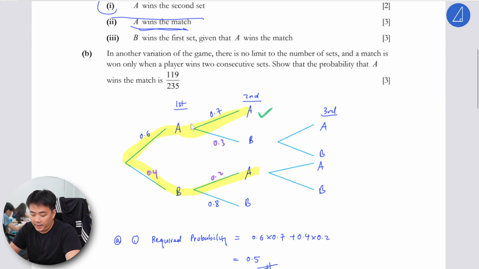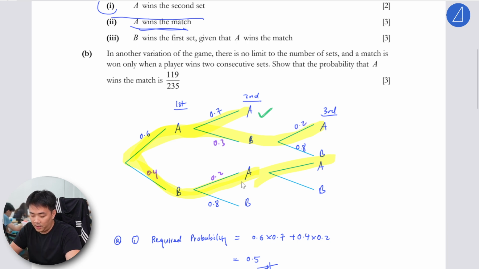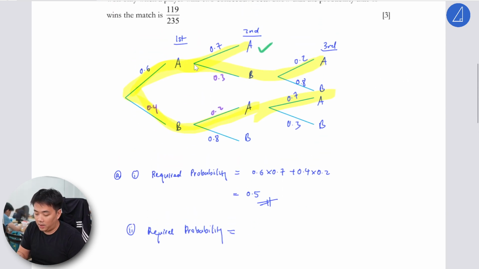Then we need to add up this branch here. A wins two sets and A wins 2 sets here. So we know that if B won here, B will have an 80% chance of winning, so this is 0.2. Same thing, A won here, there will be a 70% chance of winning here, so this is 0.3. From the tree diagram, I think it's quite straightforward. This is when A wins.